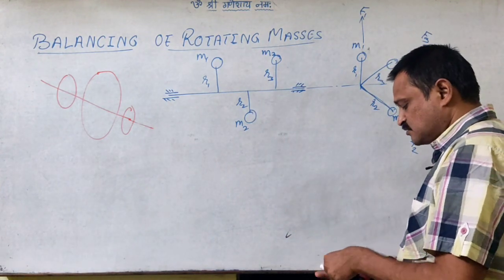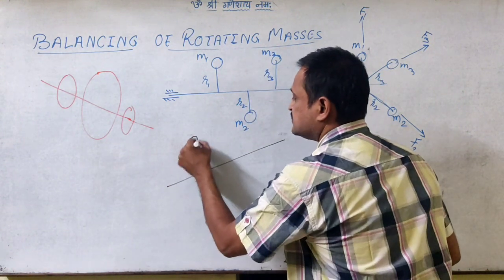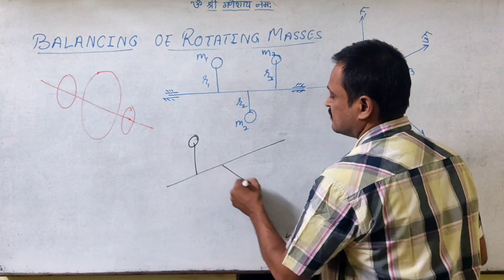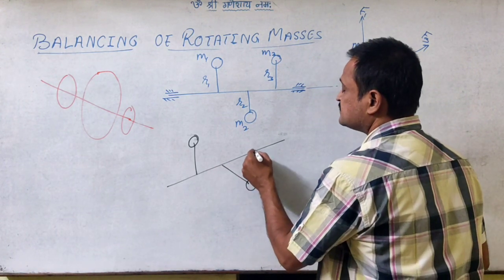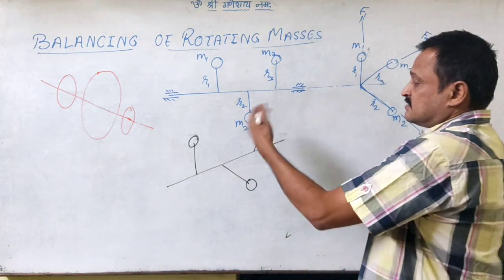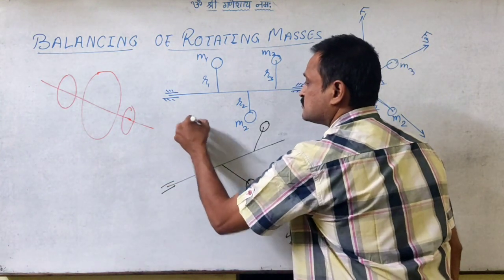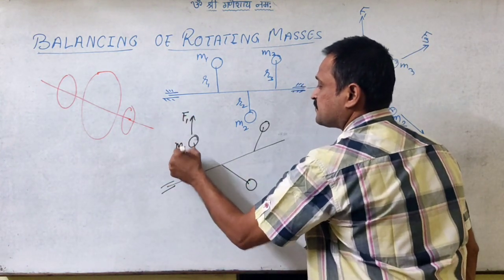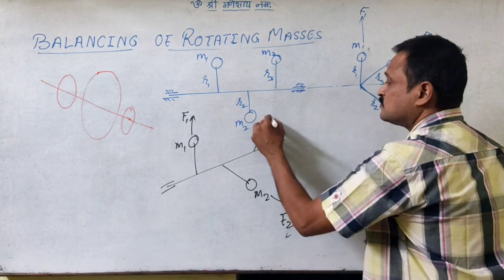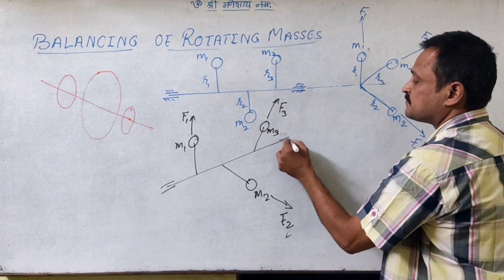So this is the shaft, this is M1, here is M2, and here is M3 at whatever phase. The force due to M1 is F1, due to M2 is F2, and F3 is due to M3.